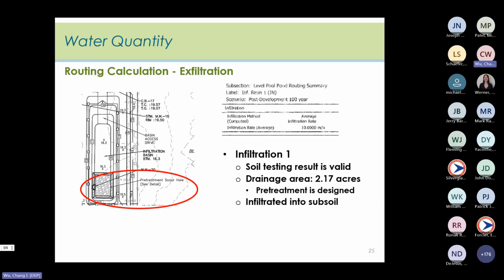The site plan shows that a pre-treatment is designed and it infiltrates runoff into the subsoil. So the use of exfiltration in the routing calculation for infiltration number 1 seems proper. Here, only the routing calculation of biogarden 2 and infiltration number 1 are shown as examples. But when you review a project, you need to check every basin.